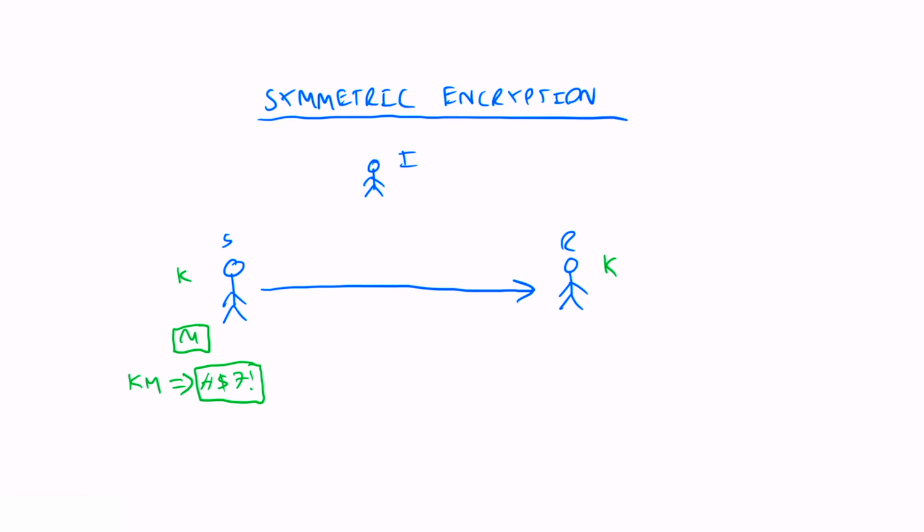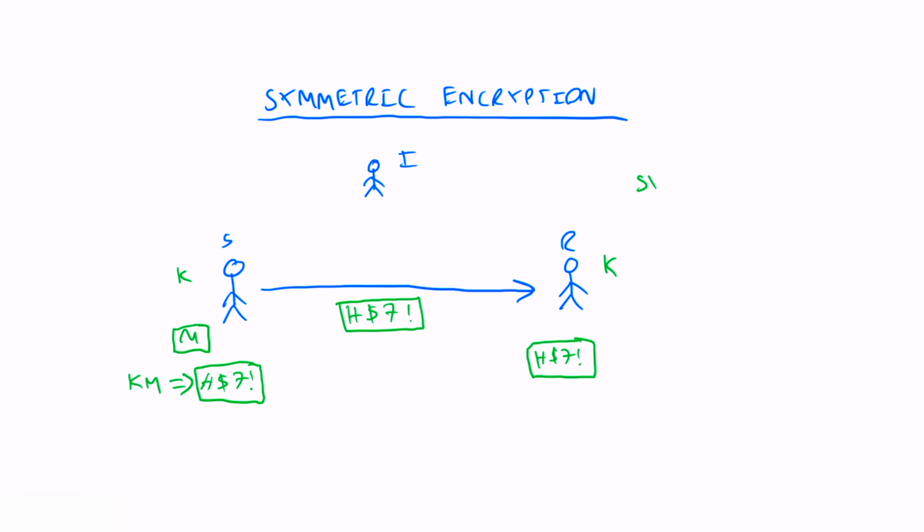And then this message can go across here and I can intercept it, and they'll just be able to see not the original message M, but the encrypted message. And then when R receives the encrypted message here, what R can do is decrypt it by using the same symmetric key.